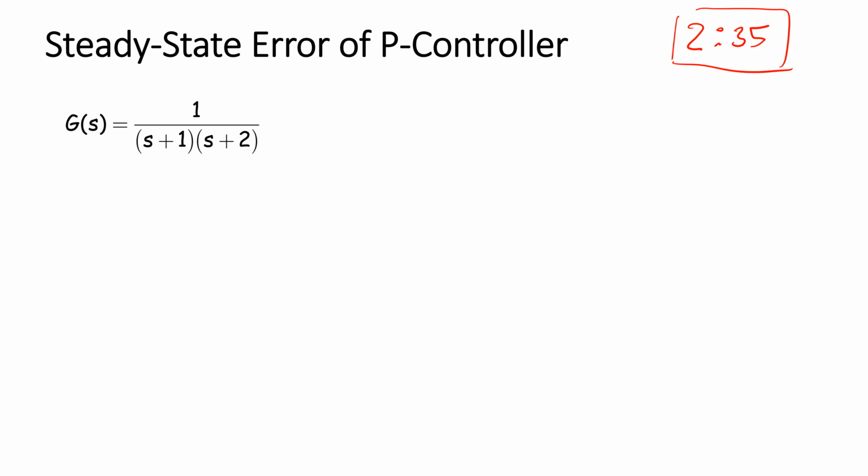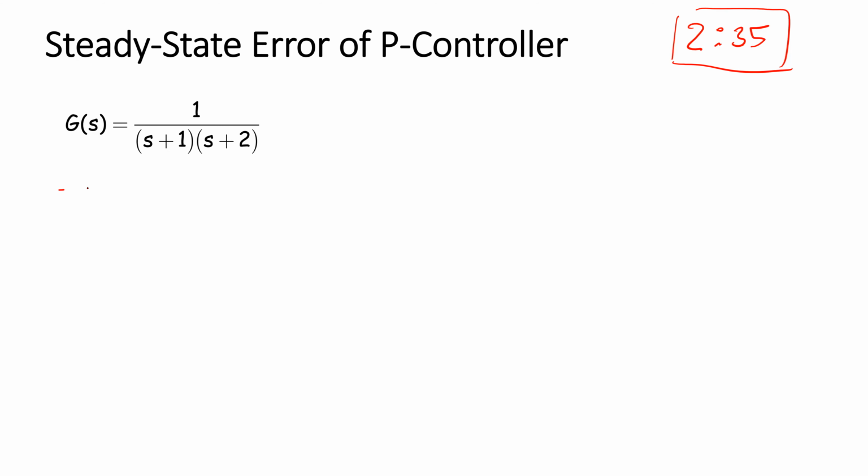Maybe this system has the transfer function as shown, and the system is type 0. So with just a unit step input, we're going to have some steady state error if the controller is just proportional control.